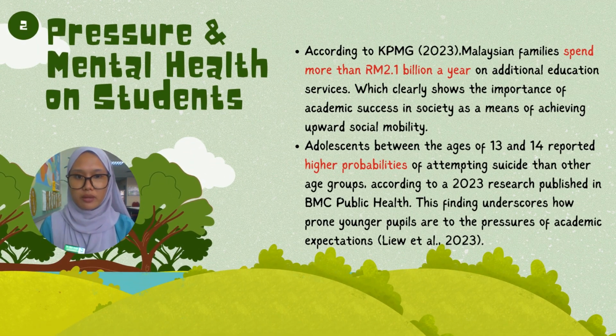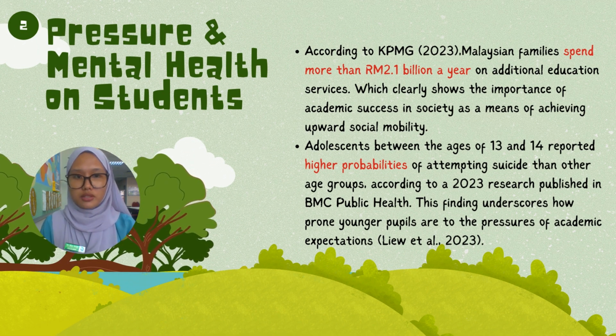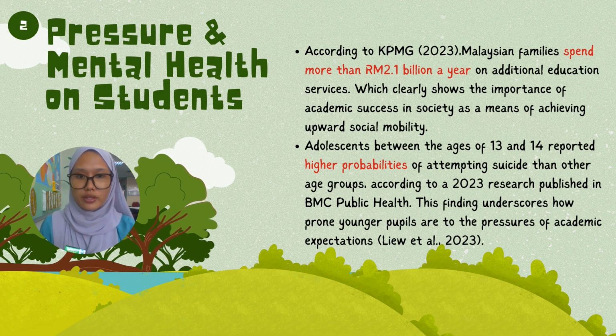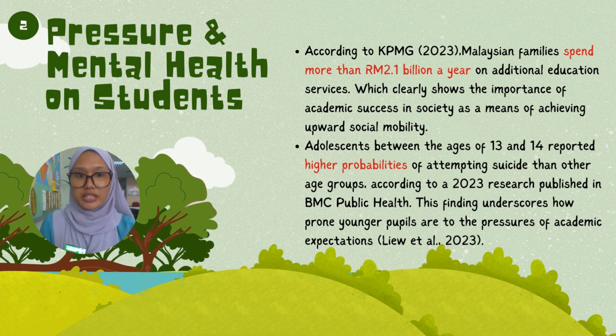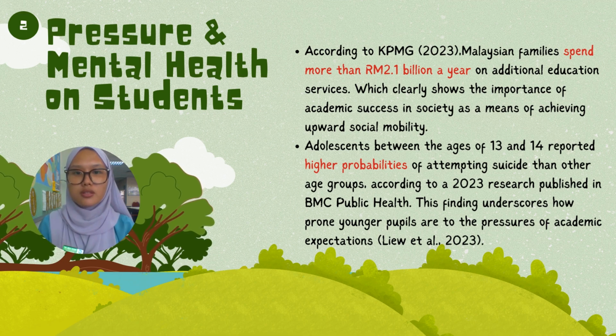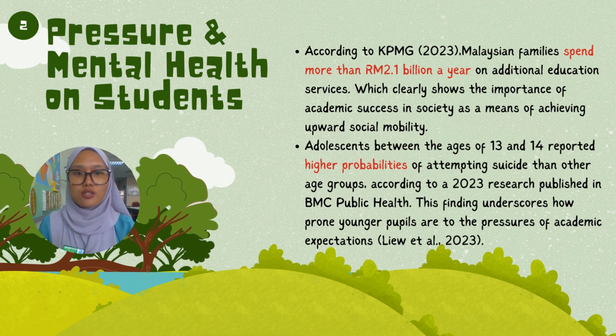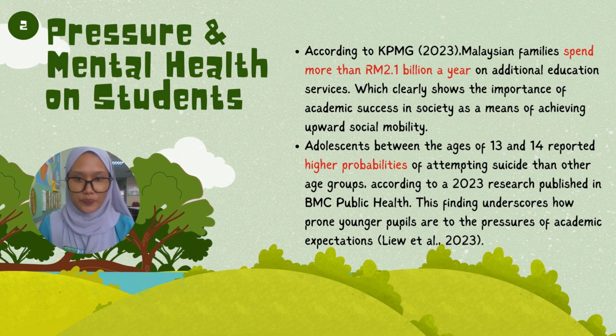According to KPMG 2023, Malaysian families spend more than 2.1 billion ringgit Malaysia a year on additional education services, which clearly shows the importance of academic success in society as a means of achieving upward social mobility.